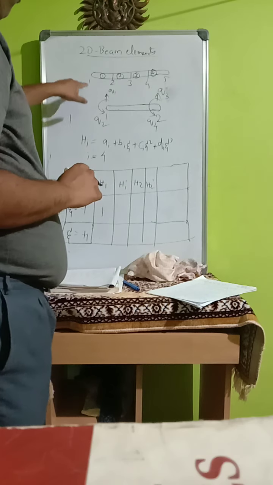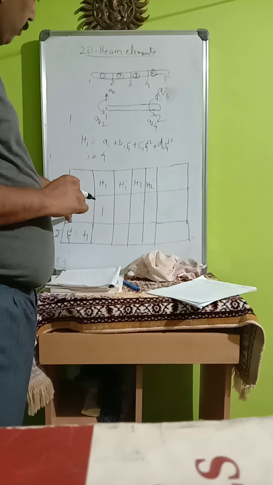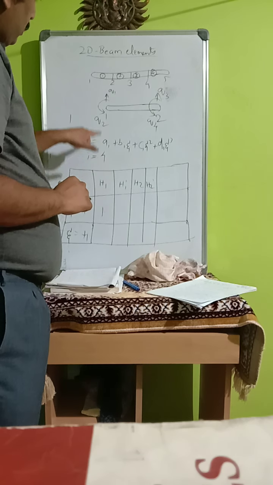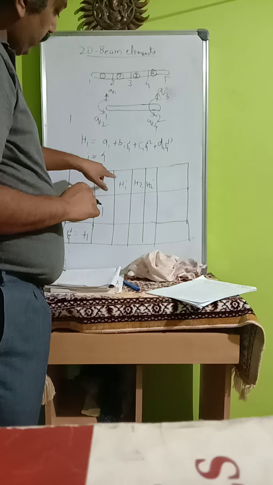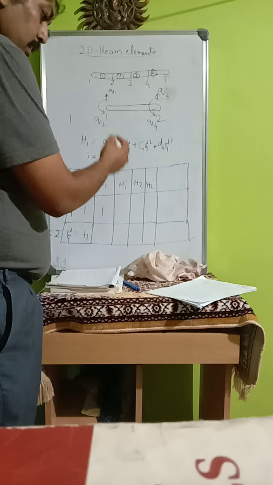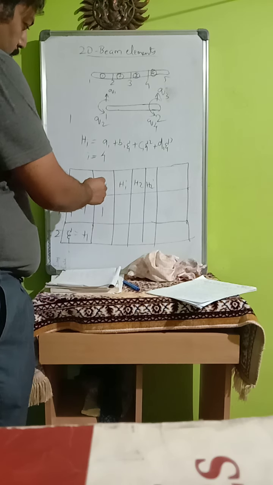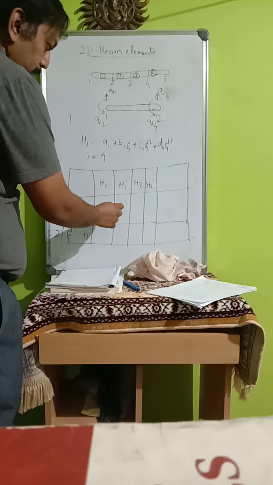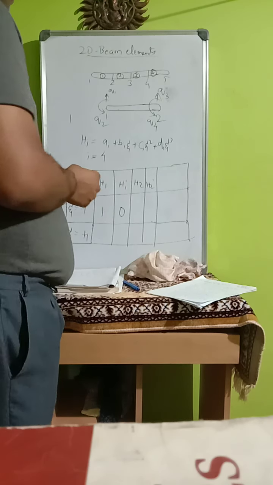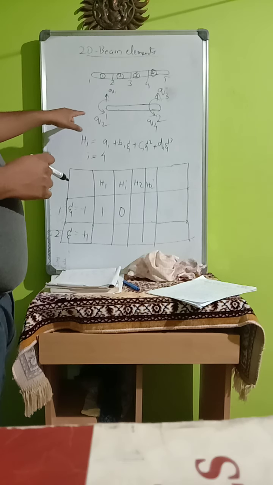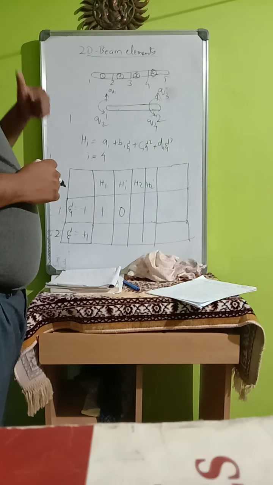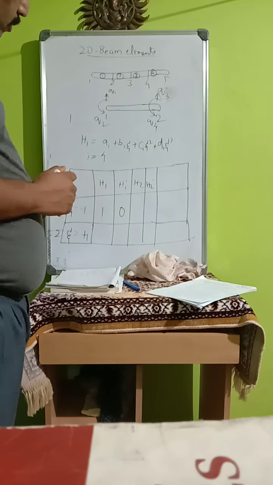For q1, the displacement h1 is associated with the slope h1 dash, so h1 dash must be equal to 0.